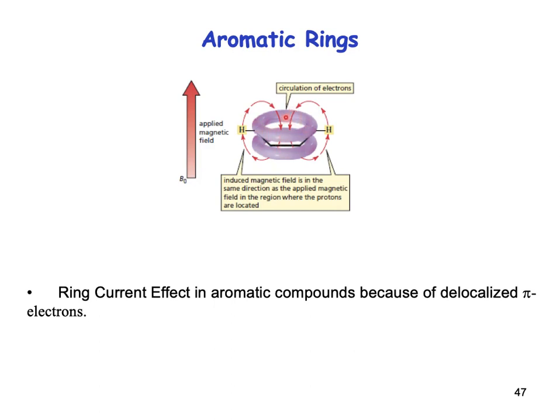So this is the reason the protons of this aromatic ring are more de-shielded as compared to other functional group protons, right? Because of the ring current effect, and the ring current effect is because of these aromatic pi electron clouds.